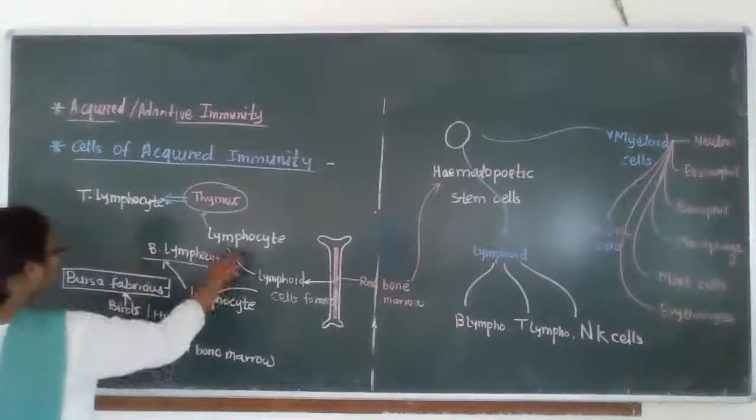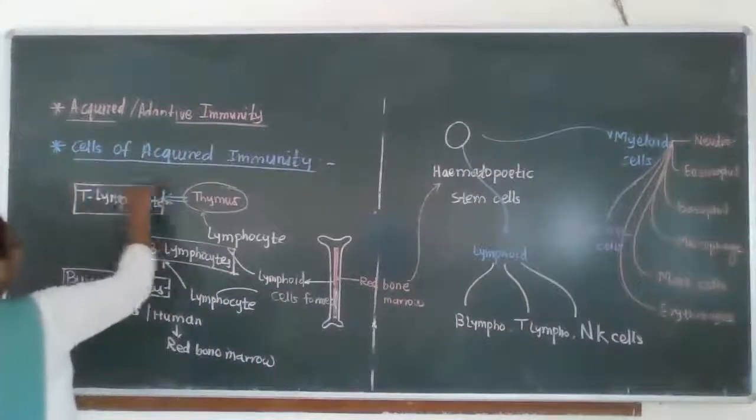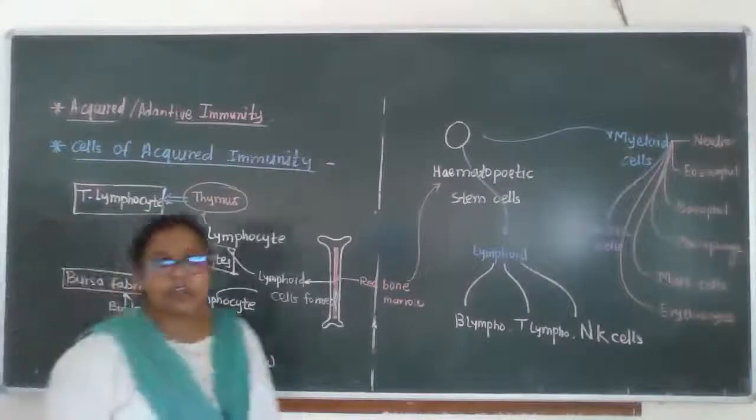Clear, everyone? This is what we call B and T lymphocytes. Is that clear?